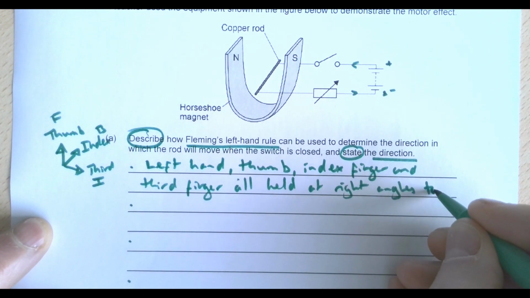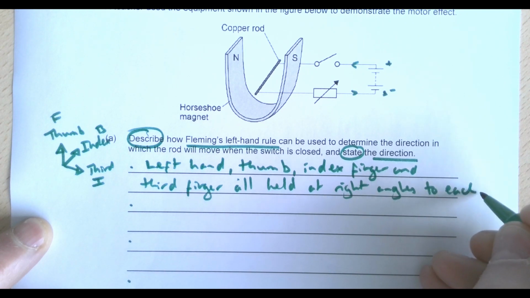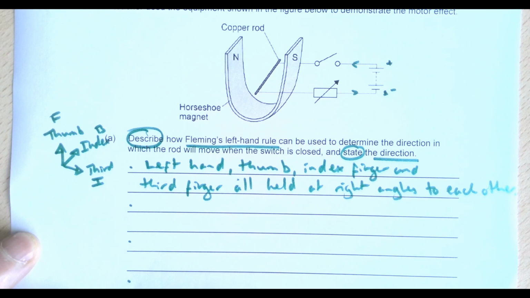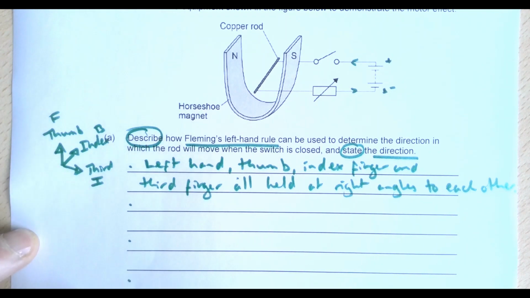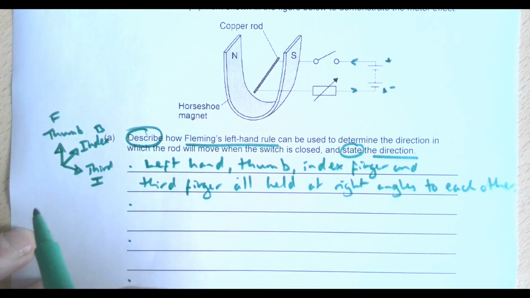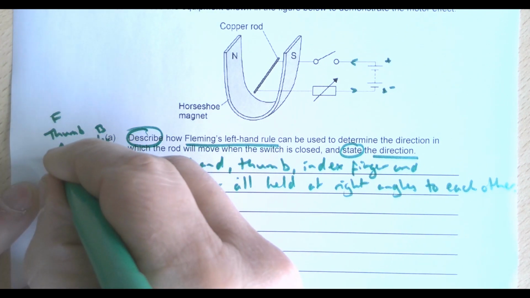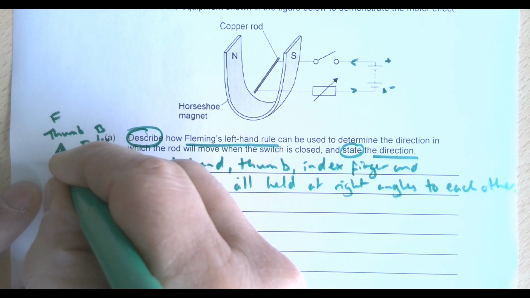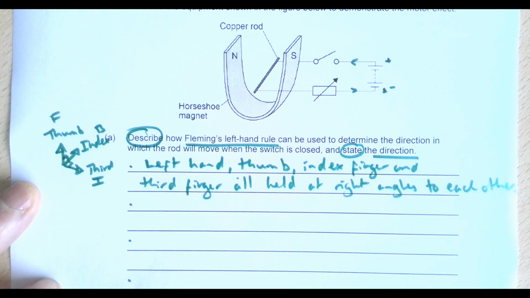That's the key bit. The fact you've drawn a diagram actually will help explain that. It's quite a hard one to explain, but if you've drawn little right angle symbols, that's going to help show that there are right angles between all 3 of those.